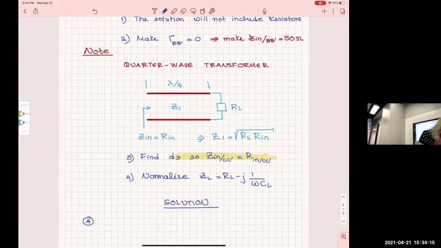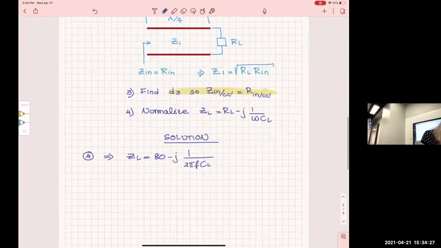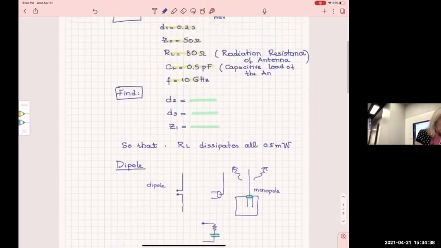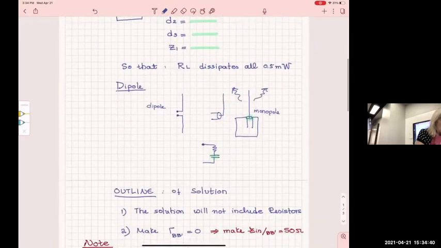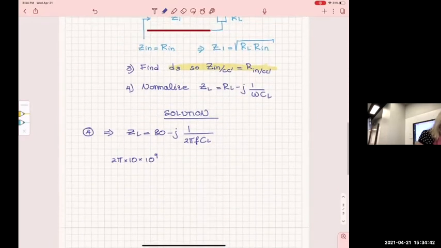Here I have to find, first of all, ZL. ZL is 80 minus j 1 over 2 pi F CL. Let's try to find how much that is. F is 10 gigahertz, which is 10 to the 9. CL, let me see if I gave you a good value, because I may have to change it if it's too small, is 0.5 times 10 to the minus 12.